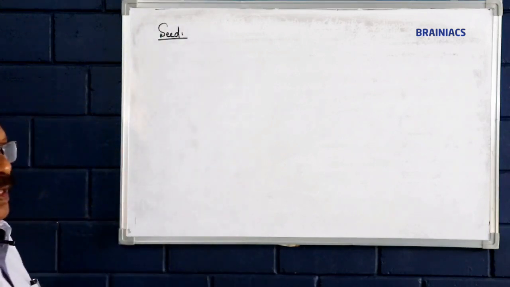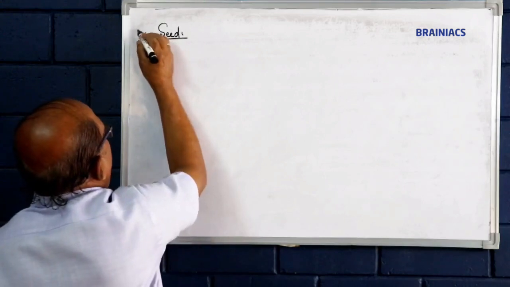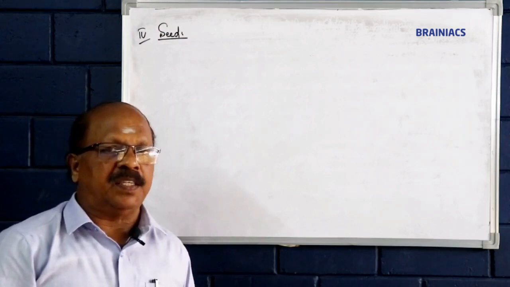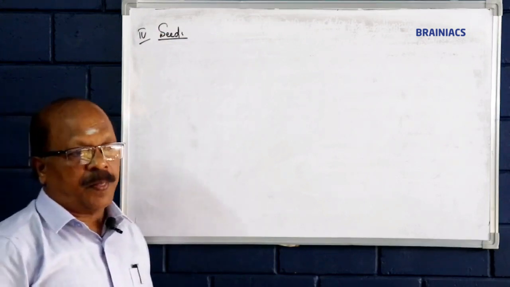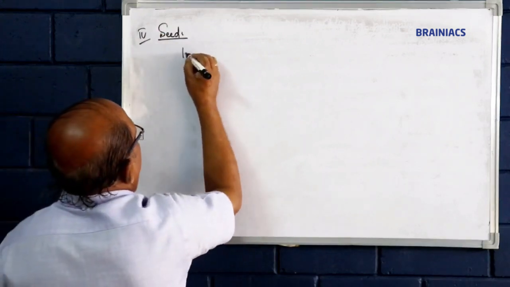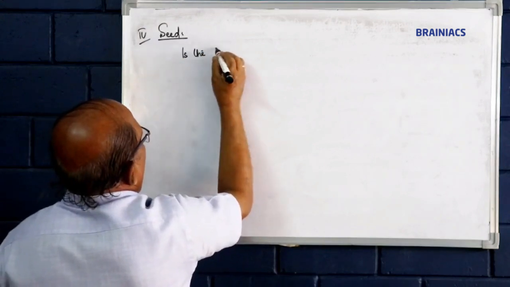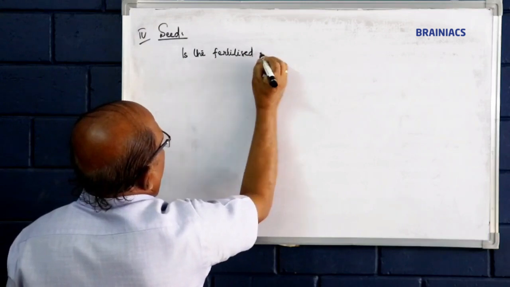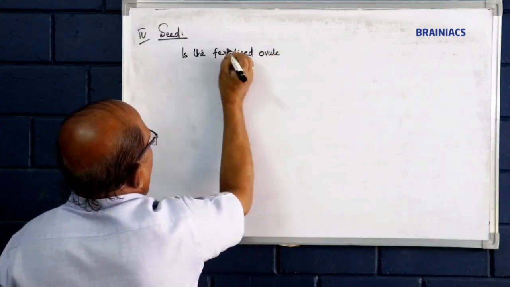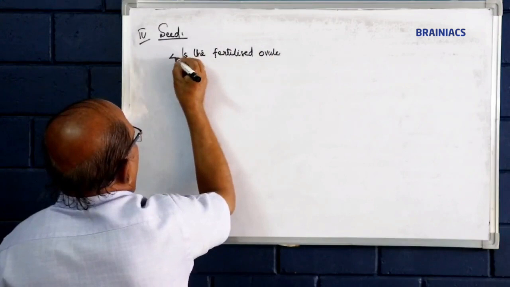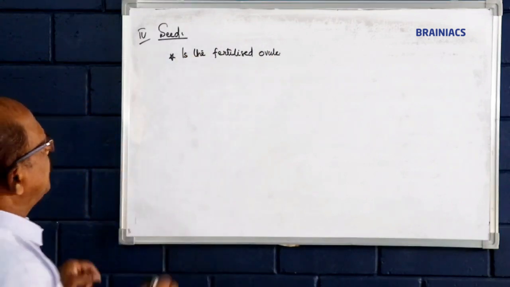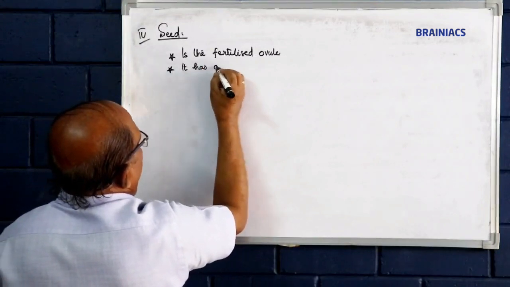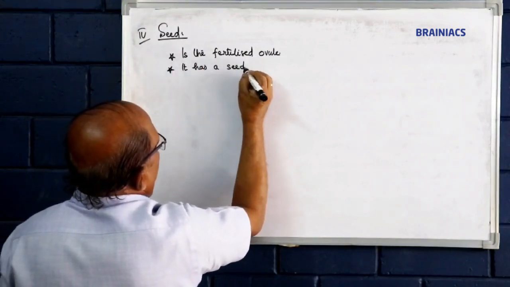Seed, the fourth one. Third is fruit, fourth among the events after fertilization is the seed. Seed is the fertilized ovule. It has a seed coat.